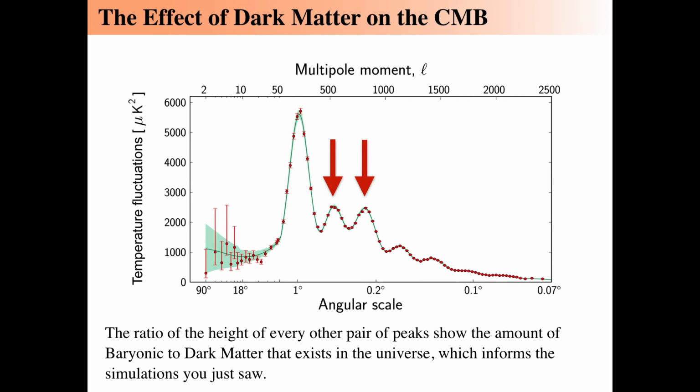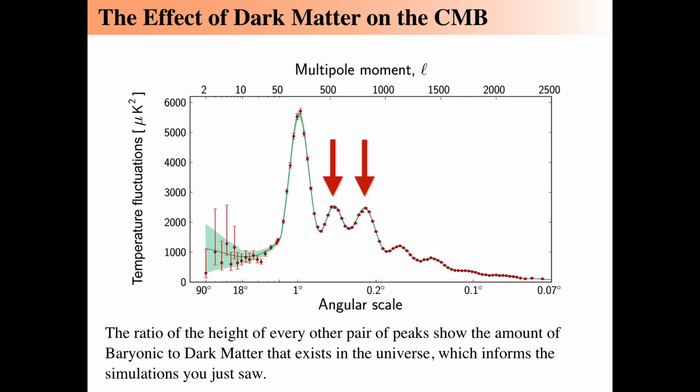And this is the power spectrum, or the degree of bumps and lumps, the waviness in the cosmic microwave background. The two arrows that I'm pointing out show that the ratio of these two peaks, and every pair of peaks like that, not the first peak, but the second and third, and the fourth and fifth, the ratio of how high they are, and what the power is, which is the temperature fluctuation in microkelvin squared, gives you the amount of dark matter in the universe.